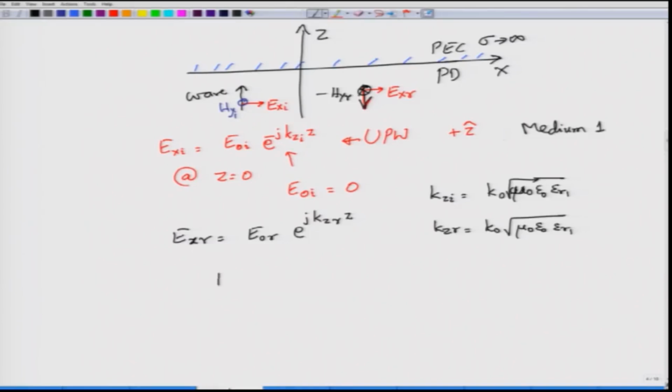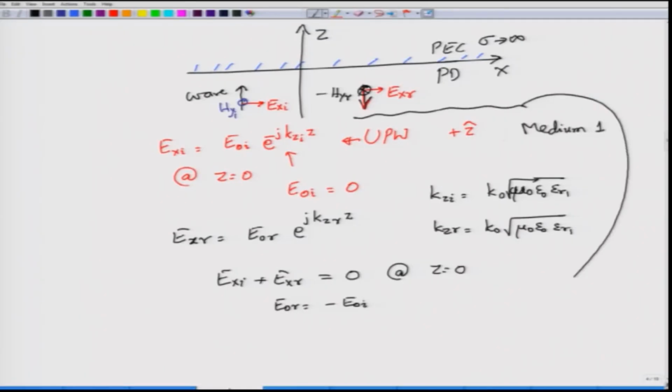So, now the total condition that I actually have is that E_xi plus E_xr must be equal to 0 at the interface z equal to 0, which clearly gives me E_0r equals minus E_0i. So, if you look at the total electric field in medium 1, it will be equal to minus 2 j E_0i, let us say, times sine of k_z times z, where k_z is a simple notation for representing both k_zi and k_zr.